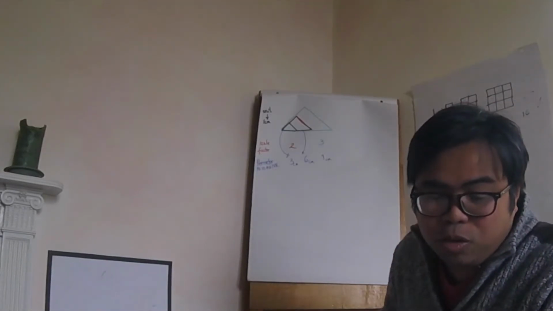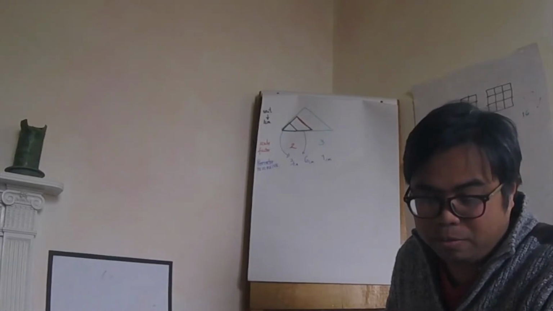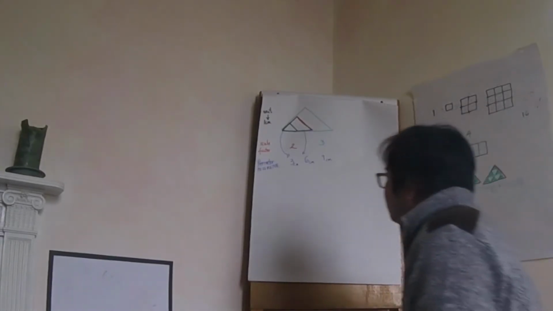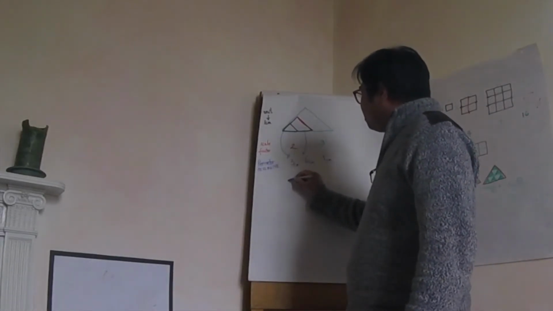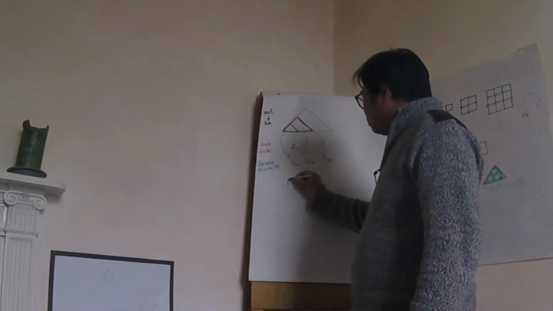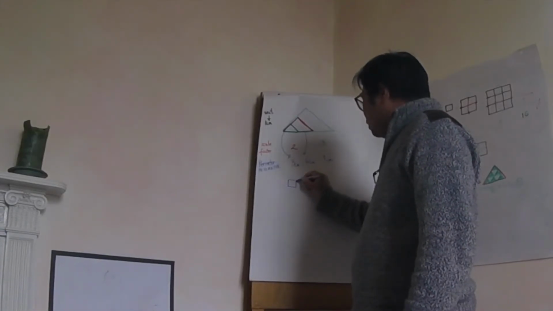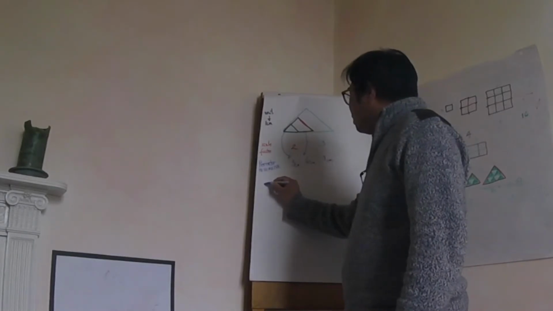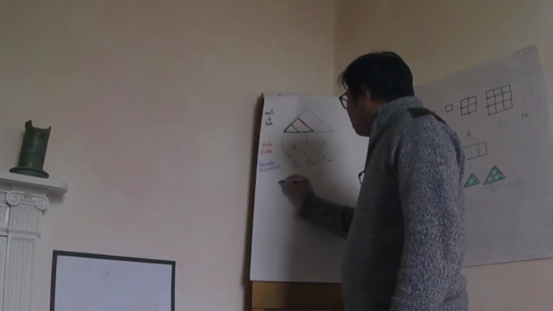We can do the same with the square, right? So here there's a square. Each side is 1 centimeter.